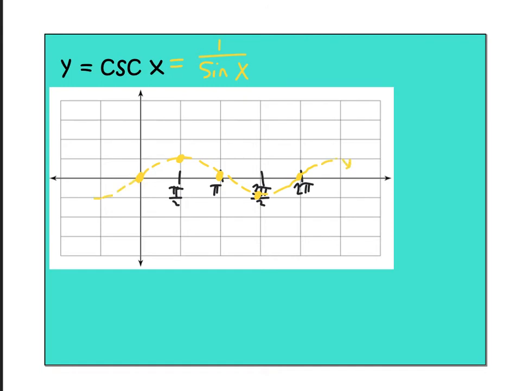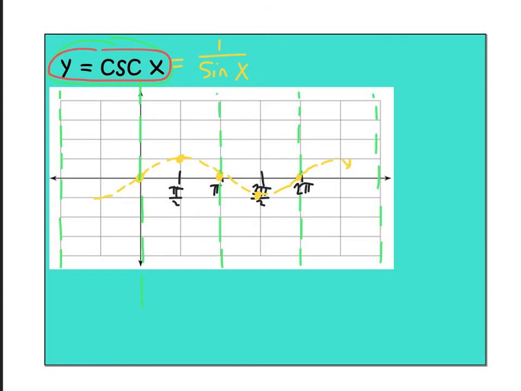All right, so it has asymptotes. The cosecant's going to have asymptotes where sine is 0. So right here at pi, right here at 2 pi. It's going to have asymptotes basically at every multiple of pi. Another one over here. So the cosecant graph, we'll do in red for our final answer, is going to do the same thing.